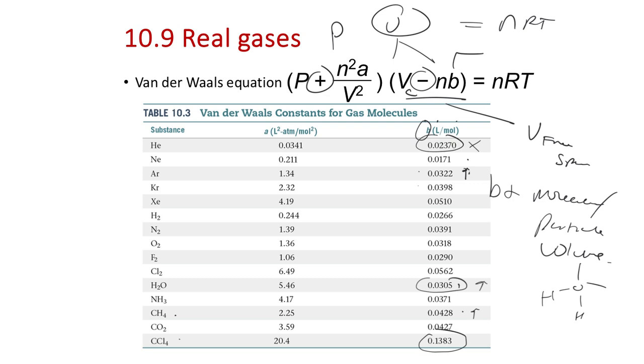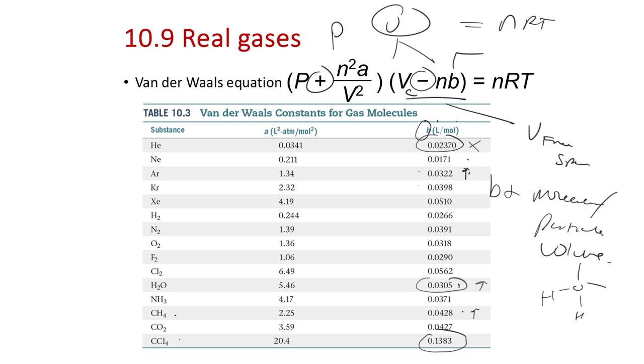So the particles of a larger gas are going to take up more space in the container. So if you have a mole of neon, it doesn't take up as much space as, say, a mole of CCl4. A mole of CCl4, because it's a bigger particle, takes up more of the container volume. And so n is the moles of your gas times b, so liters times moles gives you liters.